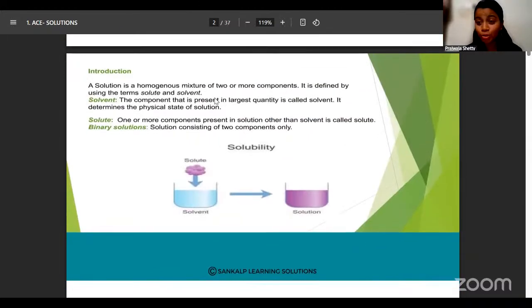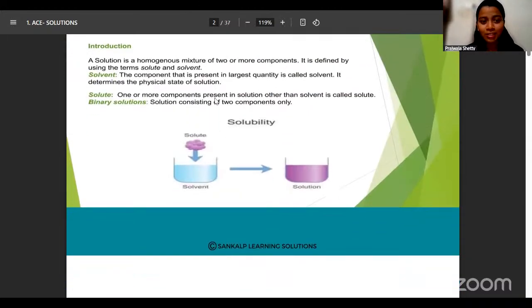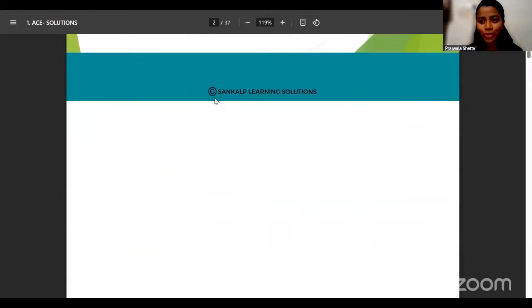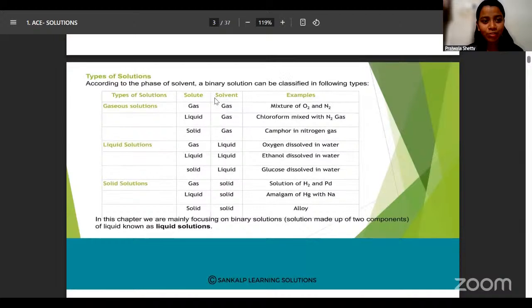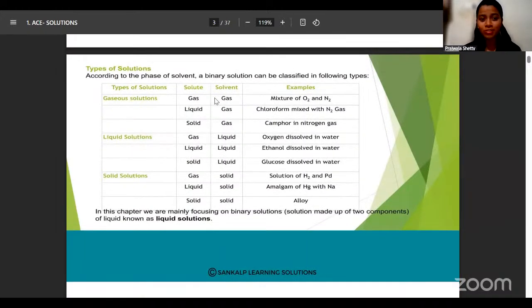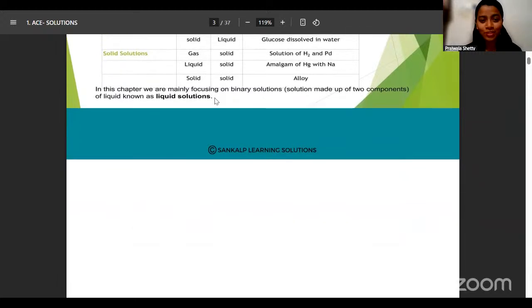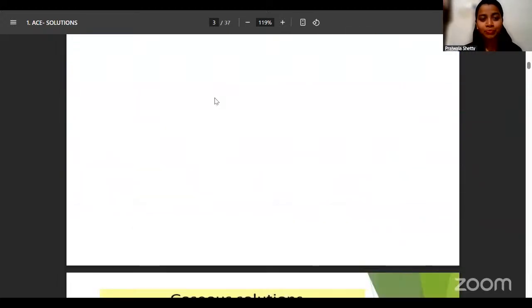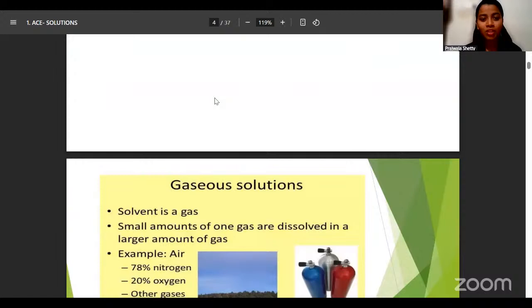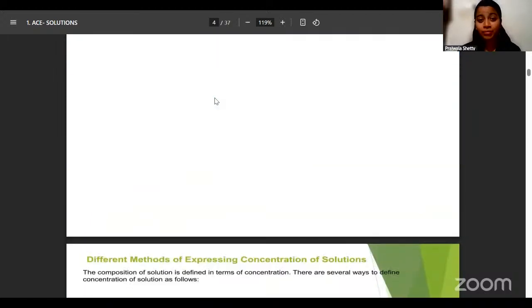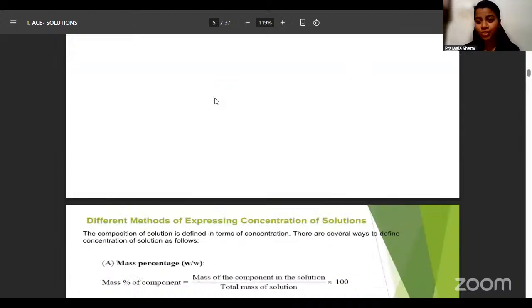We studied what is a solution, what is solvent and what is solute, what are binary solutions. Then we have also seen the types of solutions, which are gaseous solutions, liquid solutions, and solid solutions. Then we have also seen the different ways of expressing the concentration of solutions.